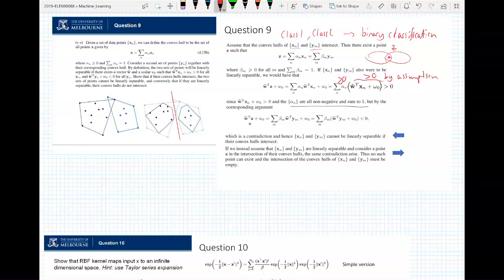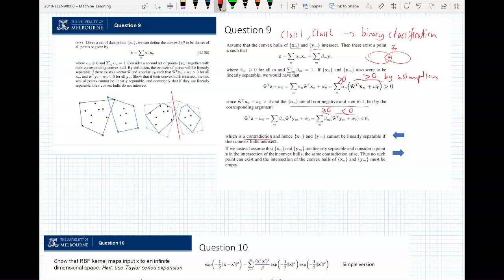But if I write z in terms of the betas and y's, then I need to be on the other side, right? So these are now all negative by the assumption, and because we assume it's linearly separable and intersecting, but the betas are non-negative, I end up with a negative result. So that is a contradiction. Therefore, they cannot be linearly separable if the convex hulls are intersecting.